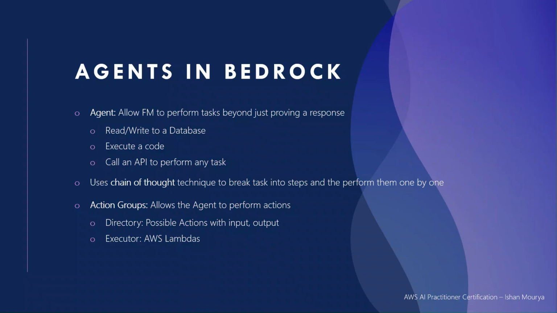So these different actions can be there within your directory, and each action has to be backed by some code, right? Some code has to run and do the actual task. So for that, we have AWS Lambda. In most cases, the executor would be AWS Lambda.